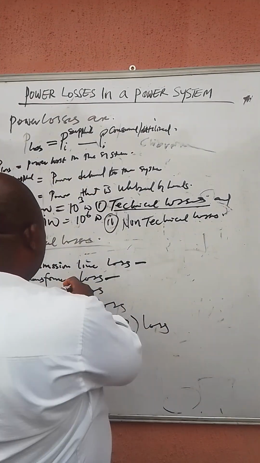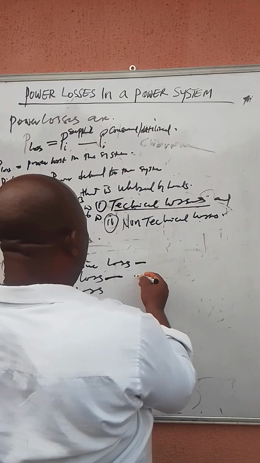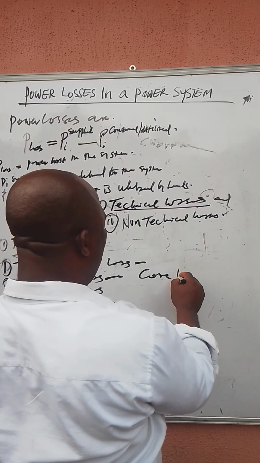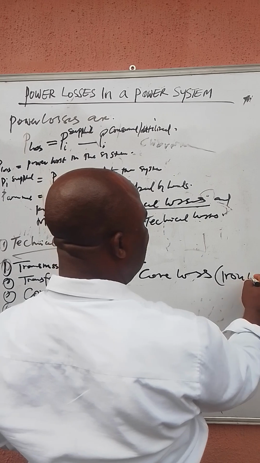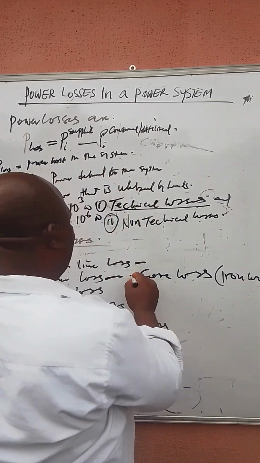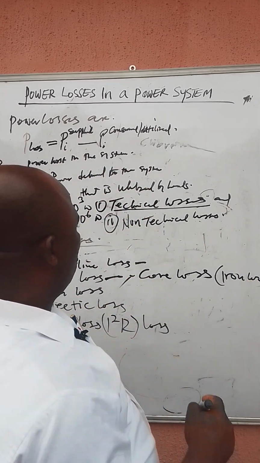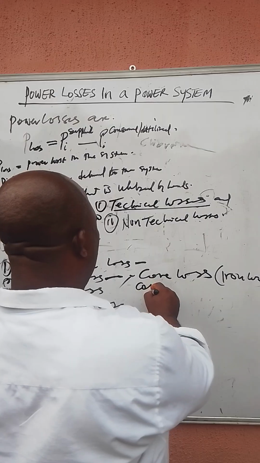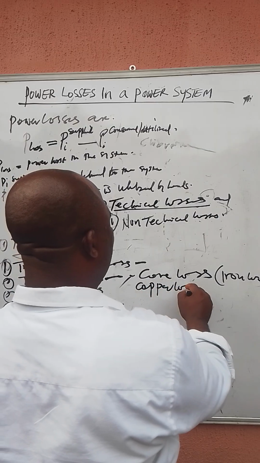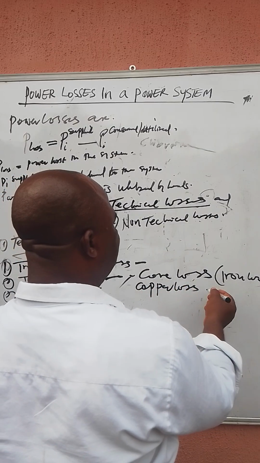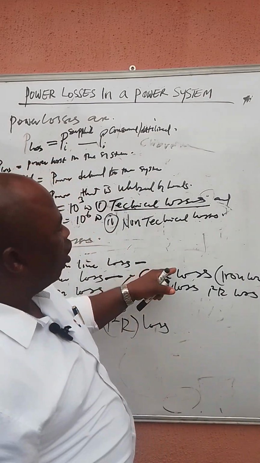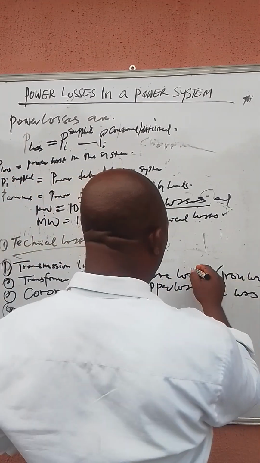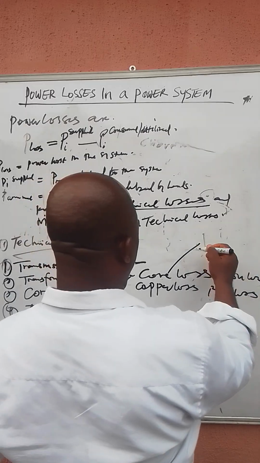Inside this transformer, we have the core loss, or what we call iron loss. Then we have the copper loss, or I squared R loss.